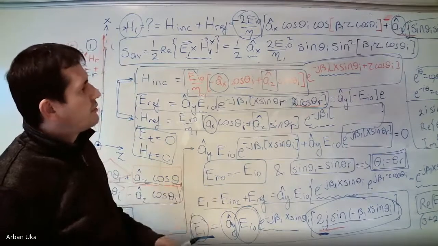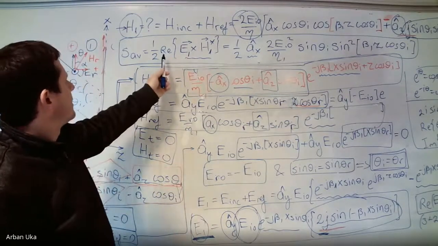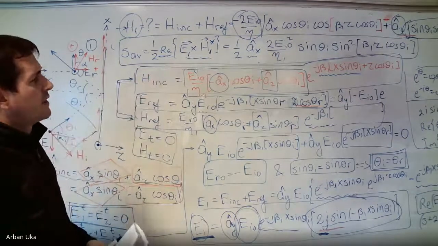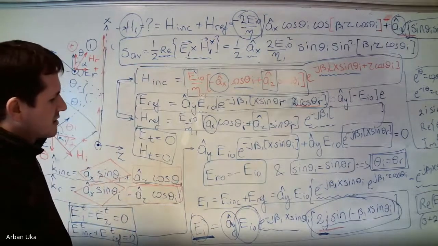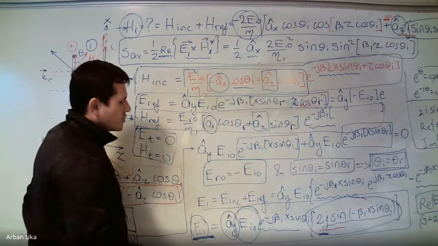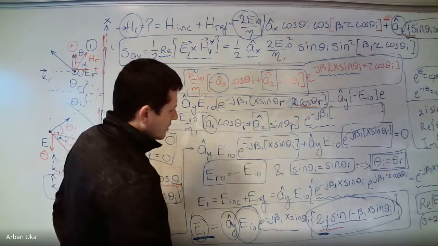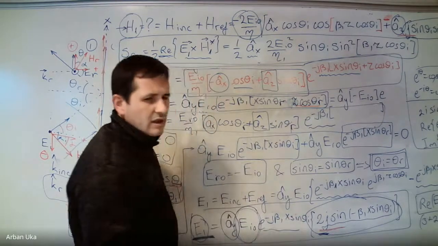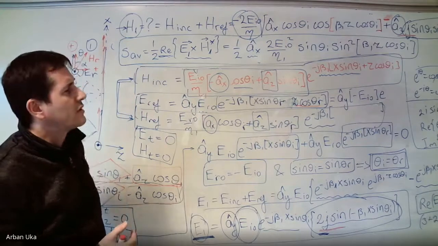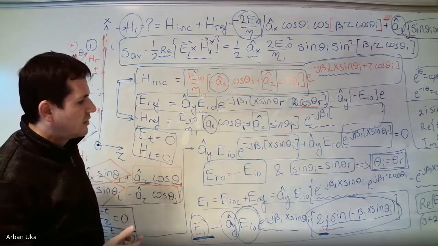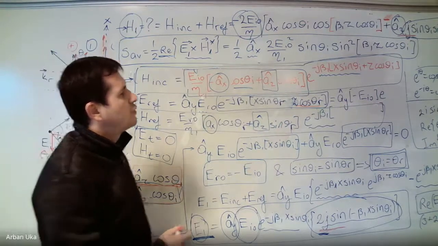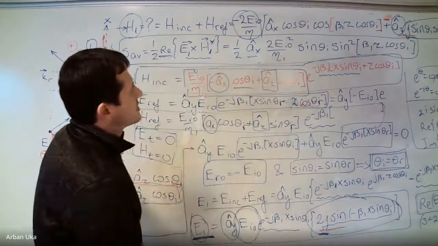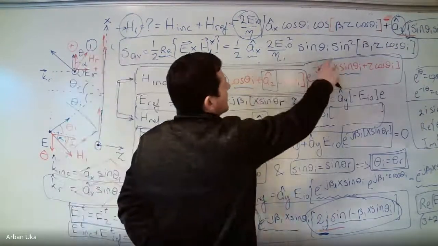So if it is a real part, we know that the time average power density also considers only the real part, which immediately reminds us that the final product should be a multiplication of the terms which are currently in the imaginary section of the wave. What is in the imaginary section of the wave? We have here sine theta I, and here we have sine theta I, and this is why these survive here.